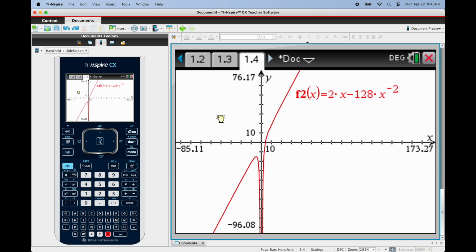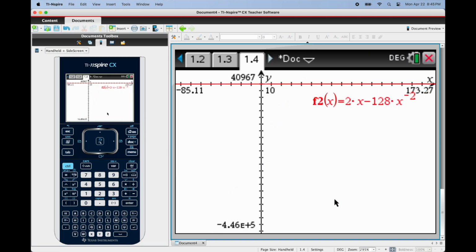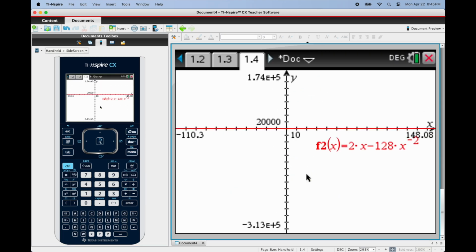So when we zoom fit, it stretched out the y-axis and not the x. Let me just look at that once again. It's really peculiar. So 1.74 times 10 to the 5. So it's really stretching out the y-axis, and the x-axis not so much, so it's making it look kind of flat. I don't think this is a very good zoom fit.